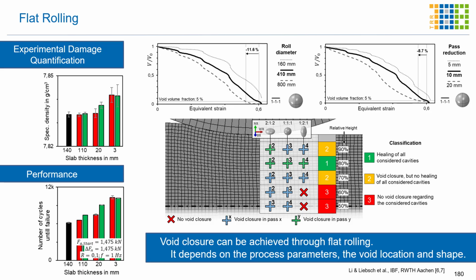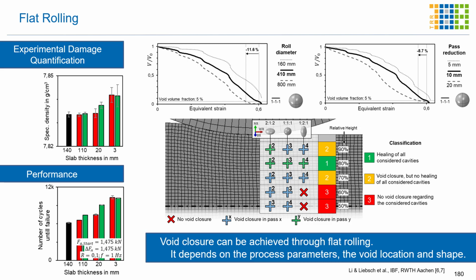Within the bulk metal forming round, not only the caliber rolling and the forward rod extrusion have been investigated, but also the flat rolling. To this end, RVE simulation considering the specific loading path of flat rolling has been performed, and different void shapes, elliptical and cylindrical, as well as the location have been investigated.